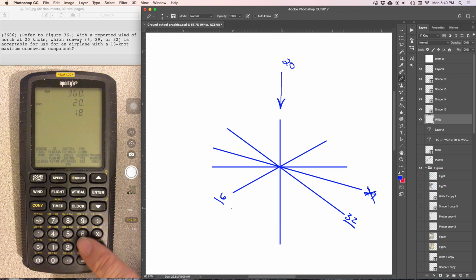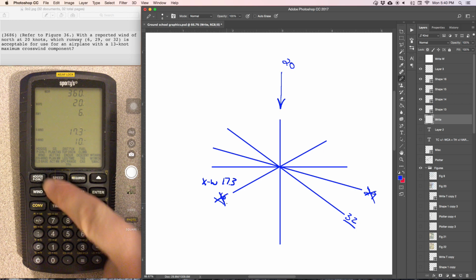Runway is 06. And that's going to give me a crosswind of 17.3. Our crosswind limit is 13 knots, so this runway is out.